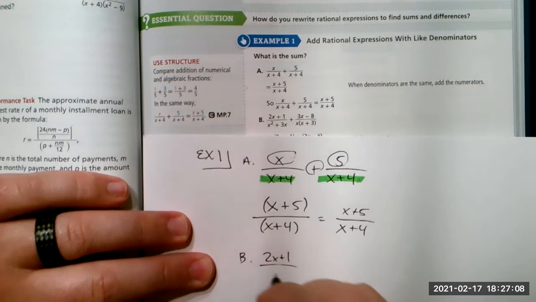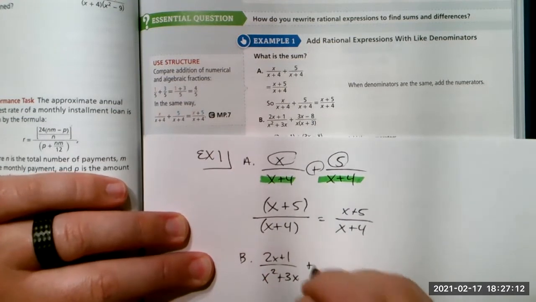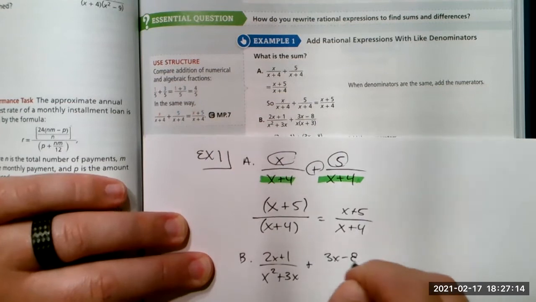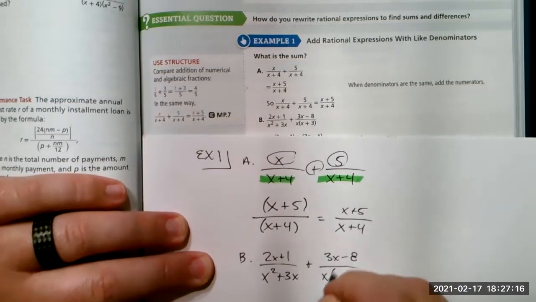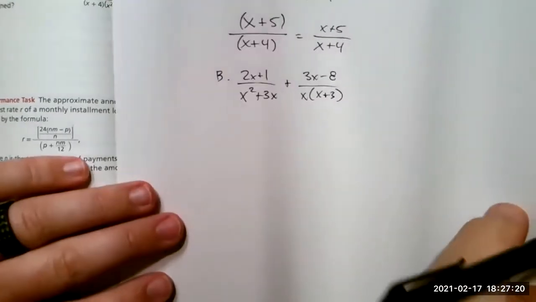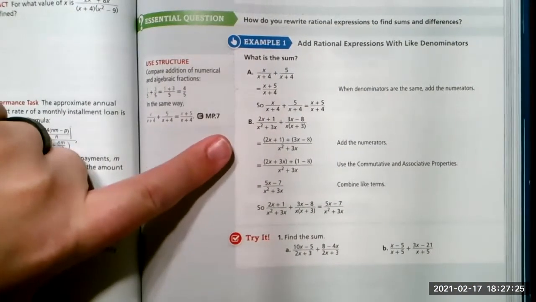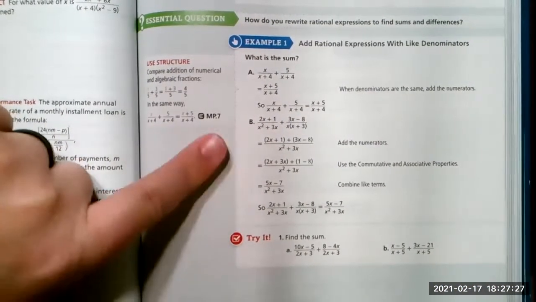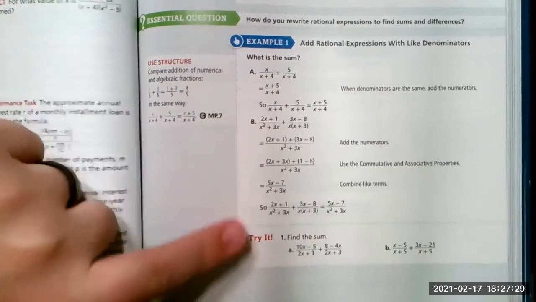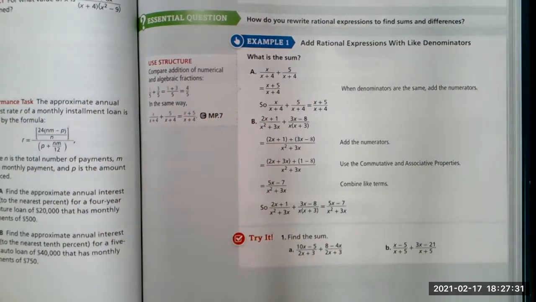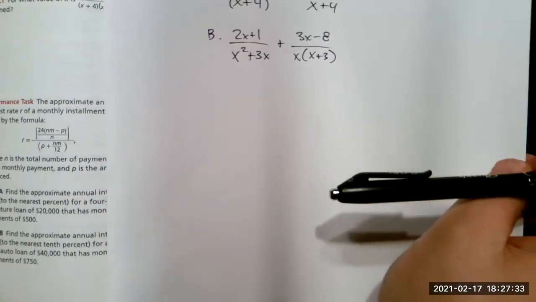2x plus 1. Okay. And again, if you want to look through this example, you're more than welcome to walk yourself through it as I talk about it, but it's up to you.